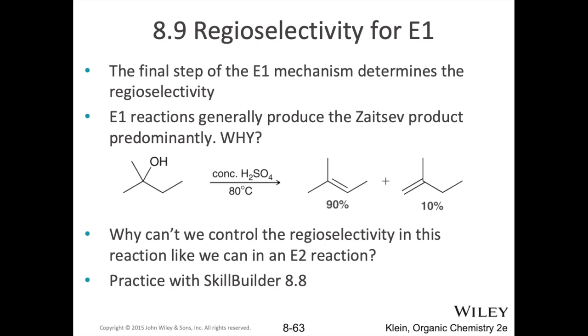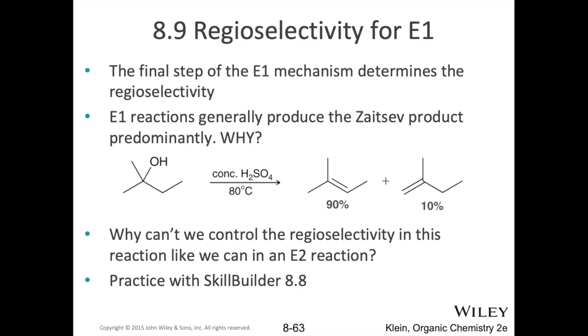Remember, the thing that drives this reaction, your rate determining step, is the formation of that carbocation. Unlike an E2 mechanism where your base coming in kind of initiates things and drives the reaction forward, and therefore, if you use a bulky base, that really changes the stability of your transition state and encourages one product versus another.